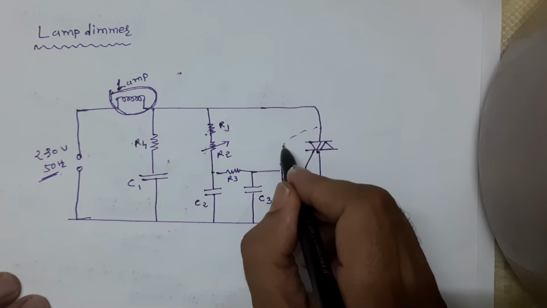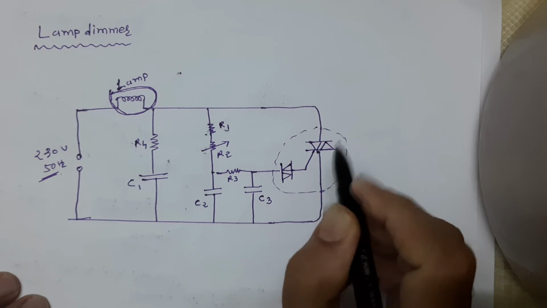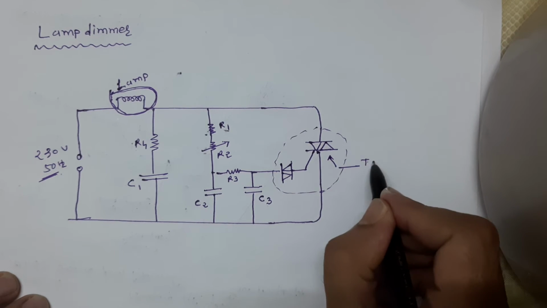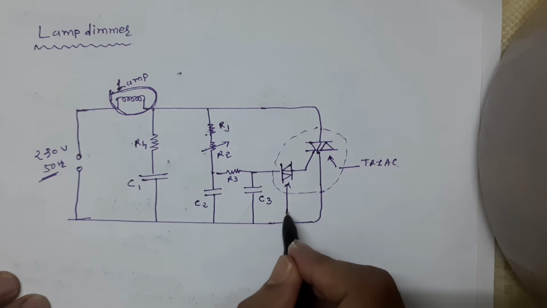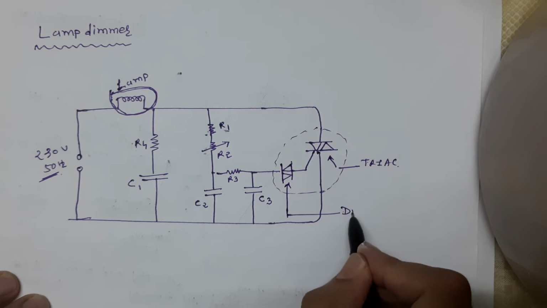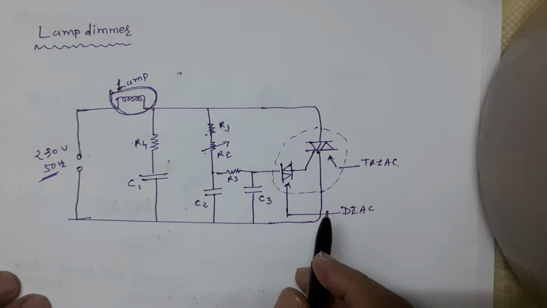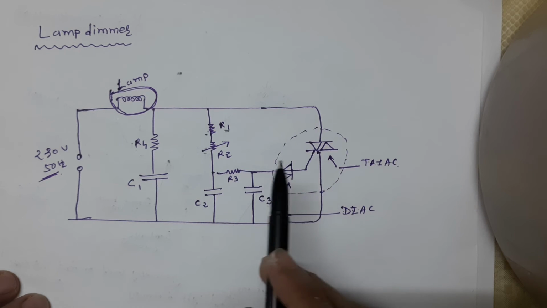This is your triac and this is your diac. This circuitry is used for the smooth control of the AC power fed to the lamp.